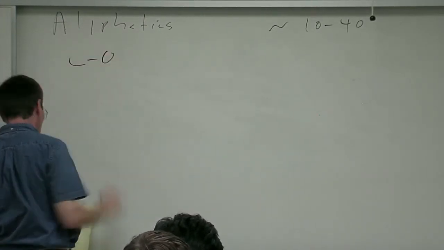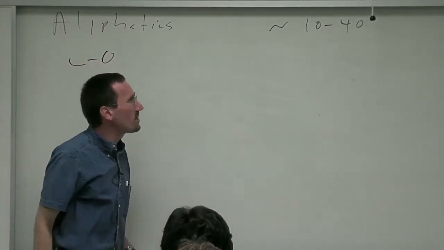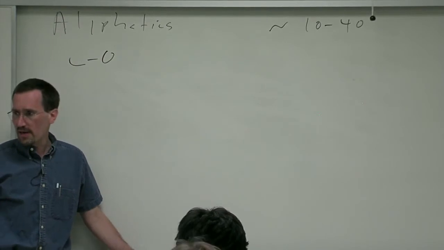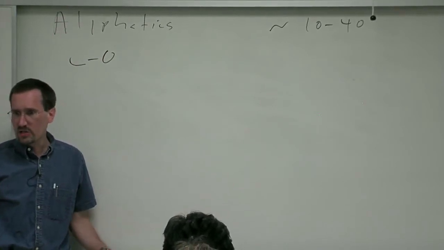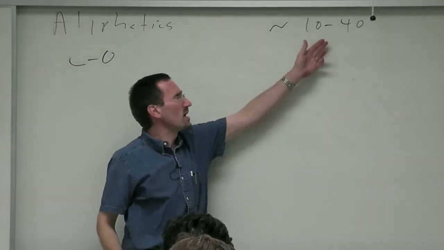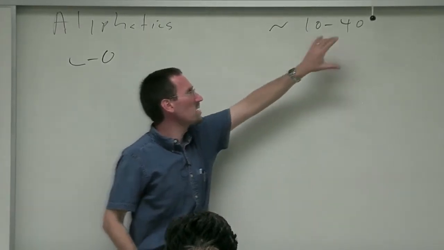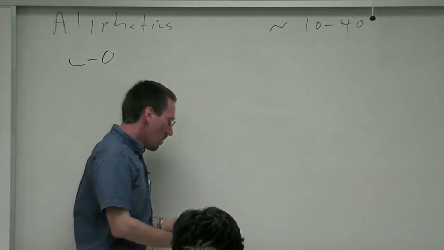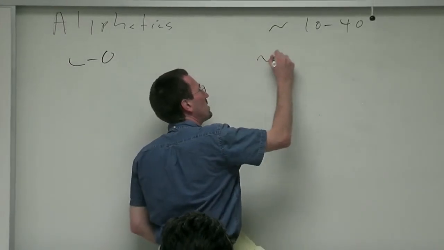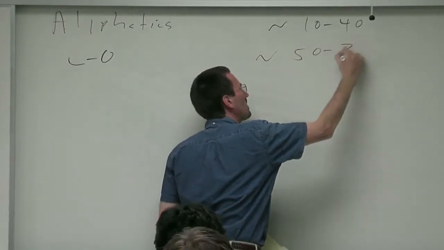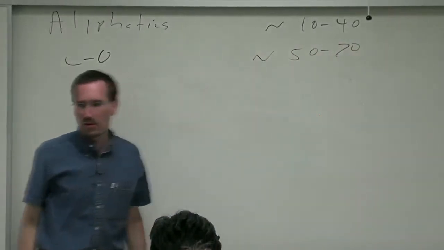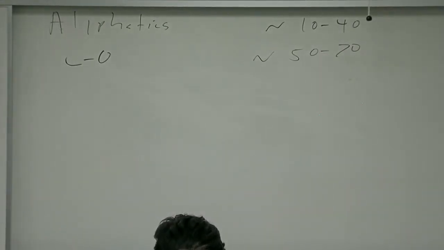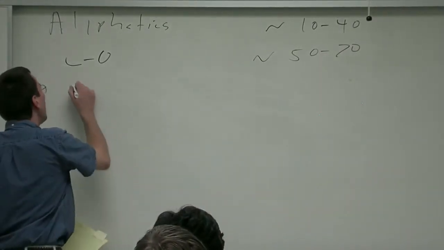Carbons next to an electron withdrawing atom show up downfield, but it's not quite as pronounced. A carbon next to a halogen, you might even see in this range. Carbon next to a nitrogen is going to be at the end of that range. But by the time you're next to an oxygen as an electron withdrawing group, I'd say 50 to 70 for a carbon next to one oxygen. So that stands out.